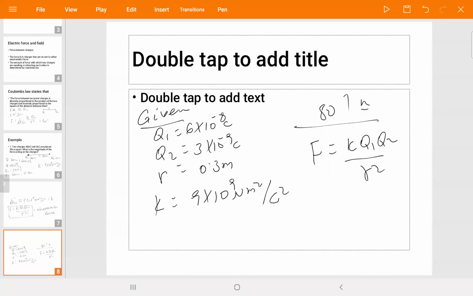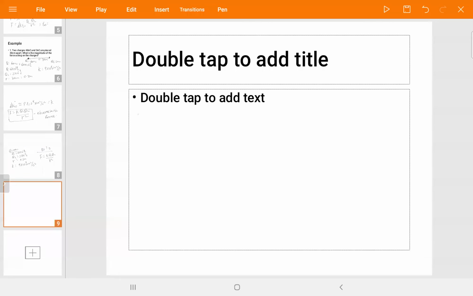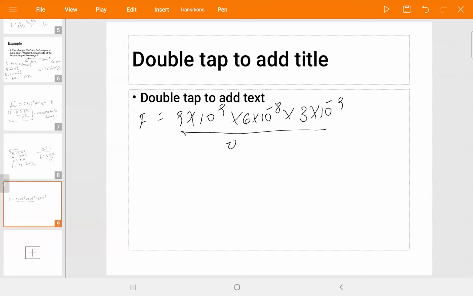Then what will be the final answer? F equals 9 times 10 raised to 9 times 6 times 10 raised to minus 8 times 3 times 10 raised to minus 9 divided by 0.3 the whole square.